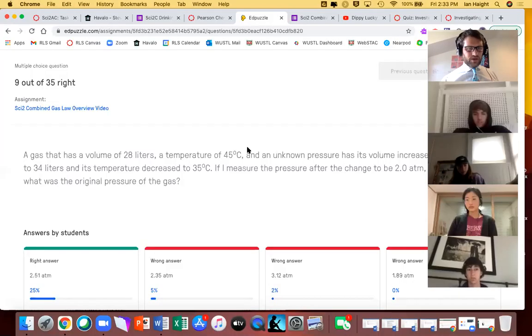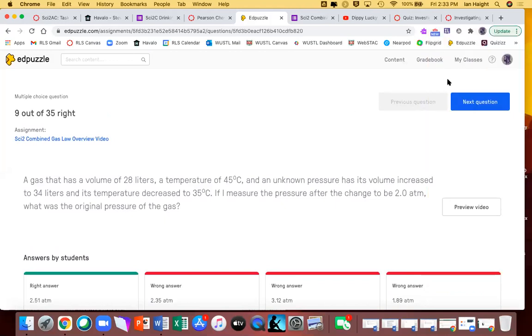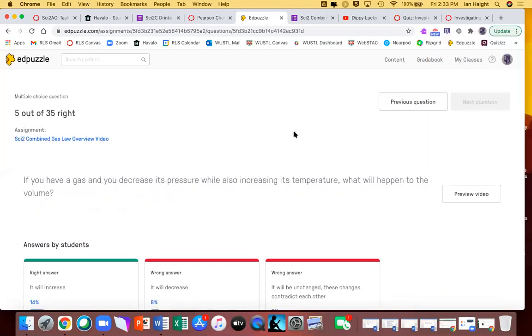Step by step in a lot of detail about how to work through these. Next question was then, if you have a gas and you decrease its pressure while also increasing its temperature, what will happen? And what I was trying to get at with this is that, remember, pressure and volume have an inverse relationship, right? So if you're going to decrease the pressure, that means you're increasing the volume.